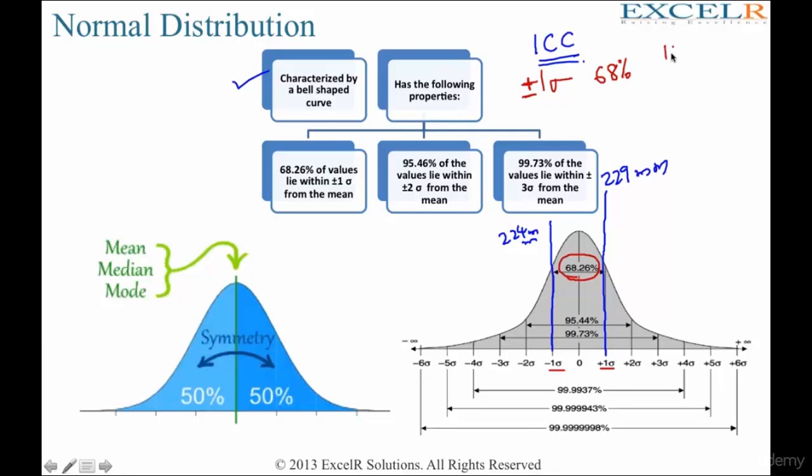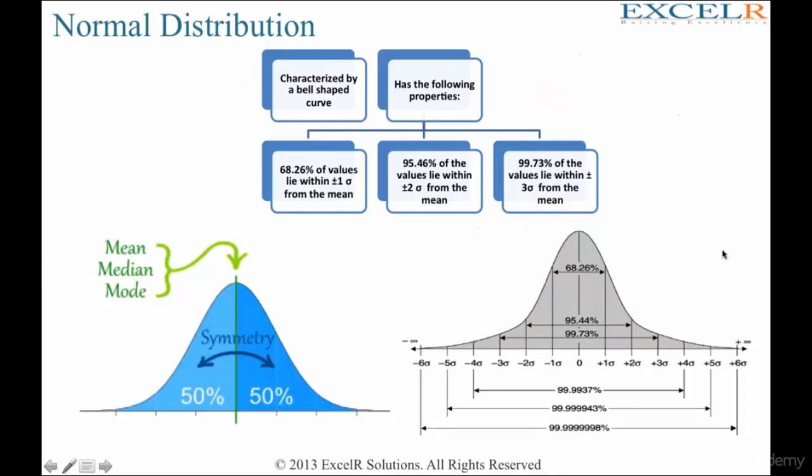If I'm manufacturing 100 cricket balls, 68 would meet your specification limits for circumference. The rest, the 32% or 32 cricket balls, would have a circumference either less than 224 mm or greater than 229 mm. It will fall here. These are all your defective cricket balls which are not meeting the customer requirements.